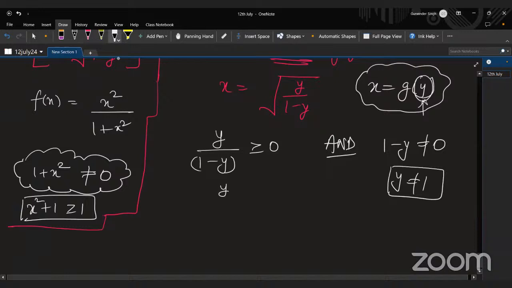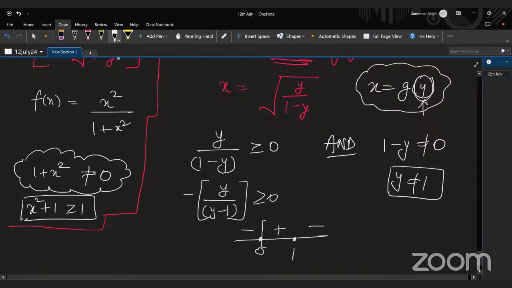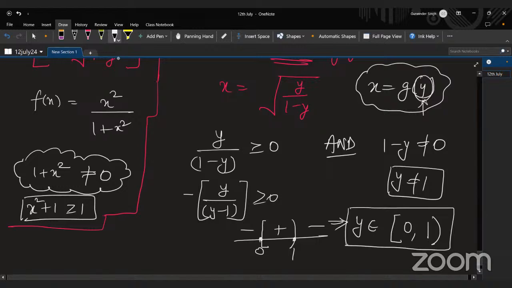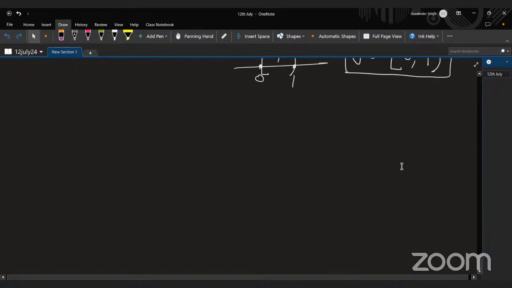Solving this, with 0 and 1 on the number line and signs minus, plus, minus, you can put anything between 0 and 1, but I can't put 1. So it will be 0 inclusive, 1 exclusive. I can put 0, but I can't put 1. So these are my values of y that I can substitute.